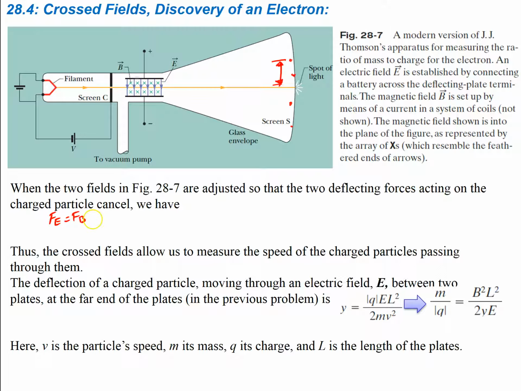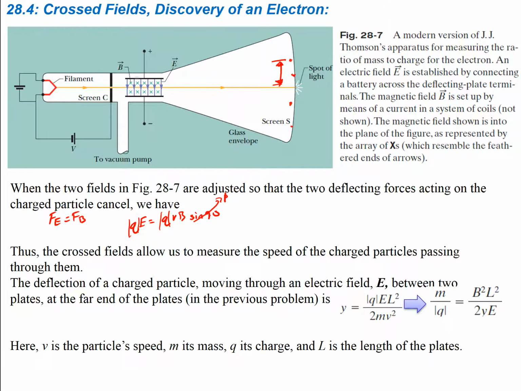The electric force is just qE, and the magnetic force is qvB sine 90, because they're going to be perpendicular to each other. Just a reminder that these are absolute values, so you don't have to worry about the signs. Since sine 90 is just 1, we can get rid of that.